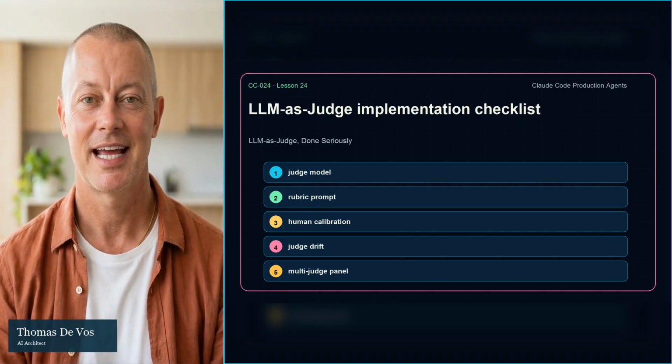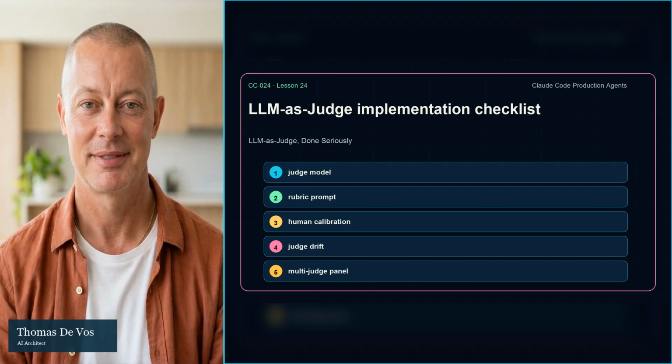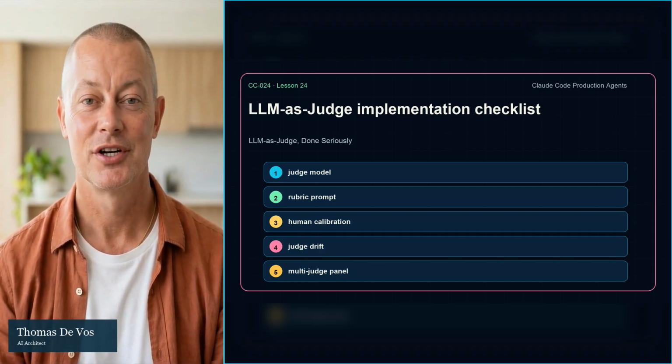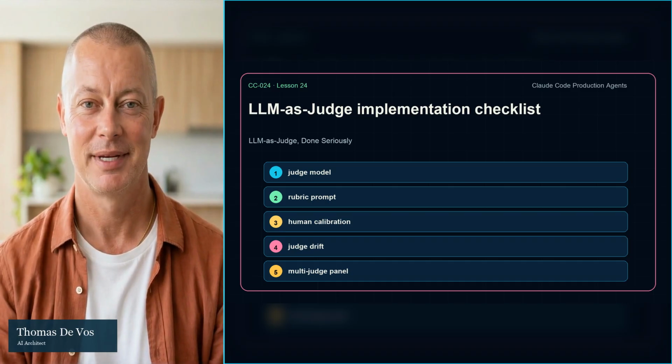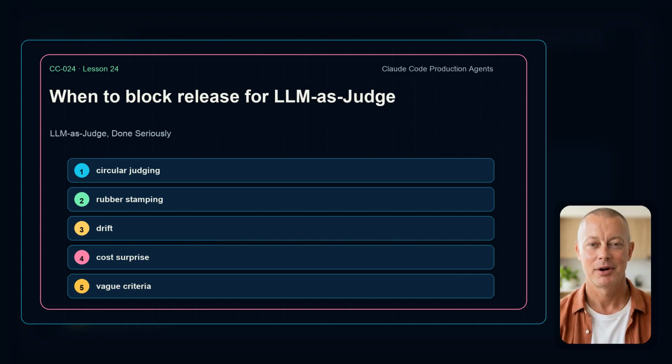If the artifact cannot be inspected later, it will not help during review, audit, or incident response.